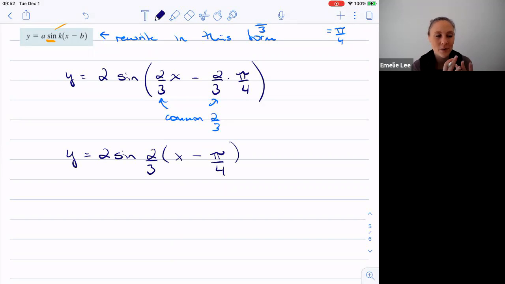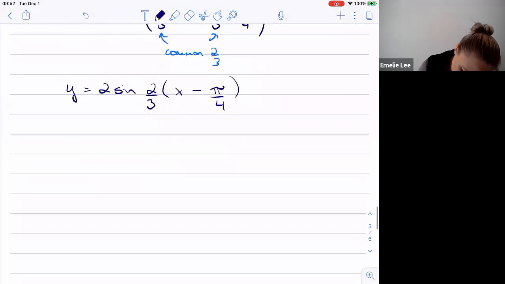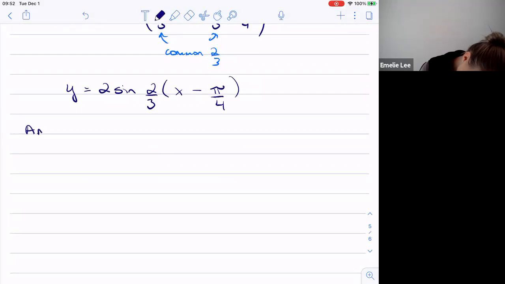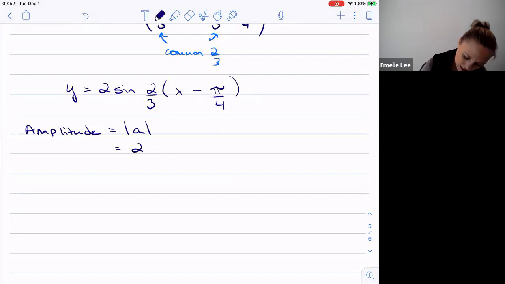K isn't the period. The period is 2 pi over k, right? So we'll need to find that. But the horizontal shift is pi over 4. So the amplitude is the absolute value of A, which is 2 in this case.